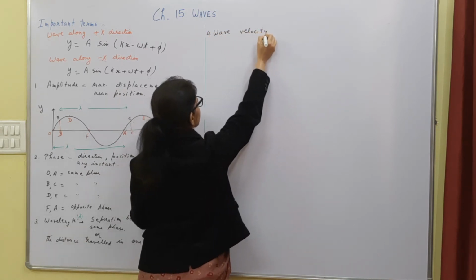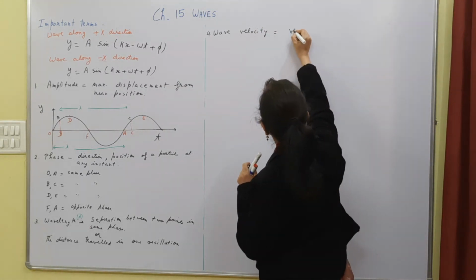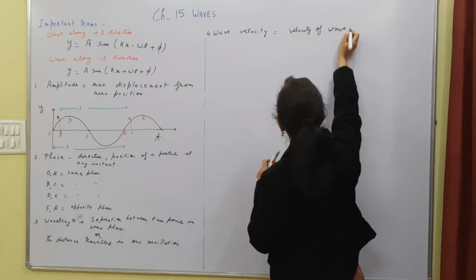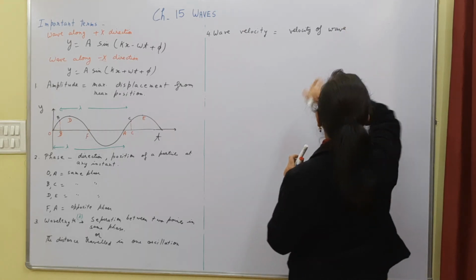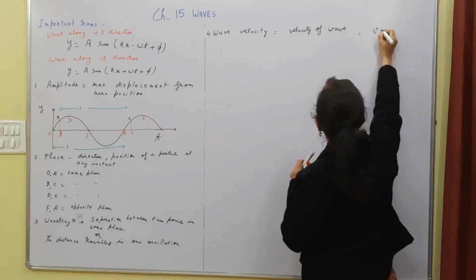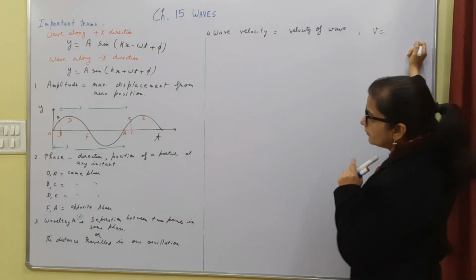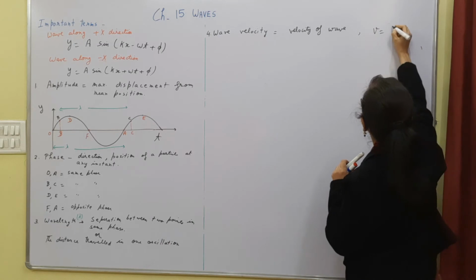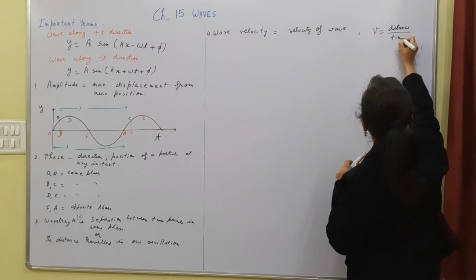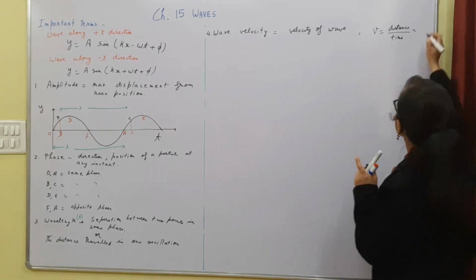Right? Then we have wave velocity. Wave velocity is the velocity of wave. So velocity, we know that velocity is distance upon time. So time taken to complete one oscillation is time period. And distance travelled in one oscillation is wavelength.